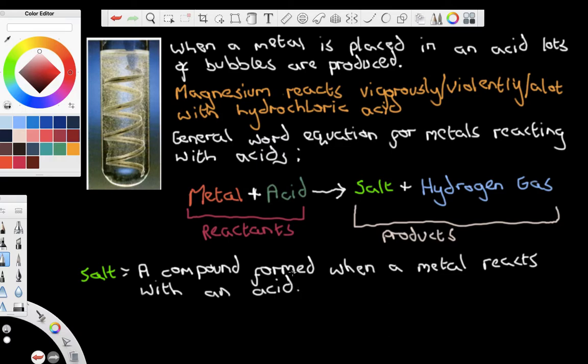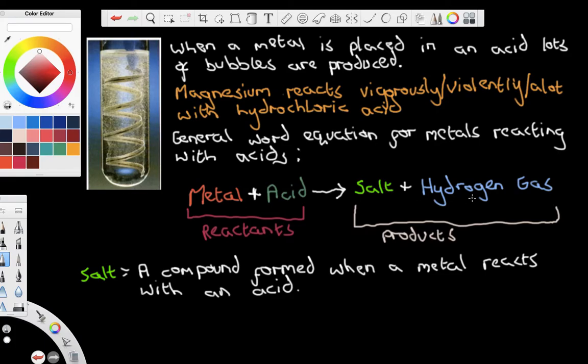So we've said when a metal is placed in an acid, lots of bubbles are produced. Magnesium reacts vigorously with hydrochloric acid. This is magnesium reacting with hydrochloric acid. The general word equation for this is a metal plus an acid, which are our reactants. We've got our magnesium strip being added to our hydrochloric acid.